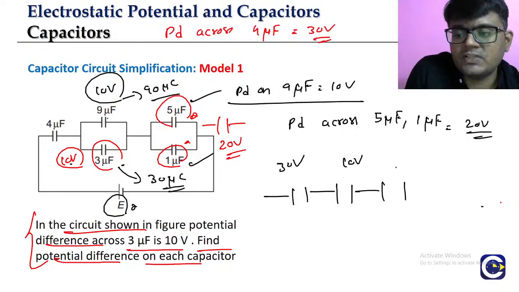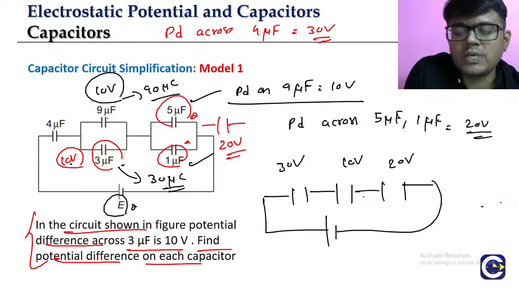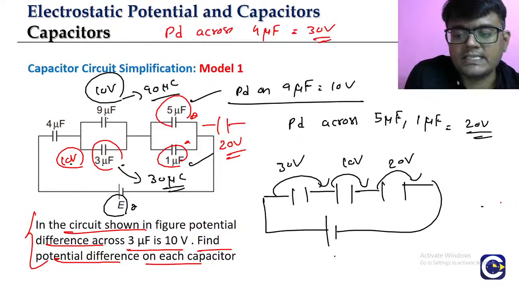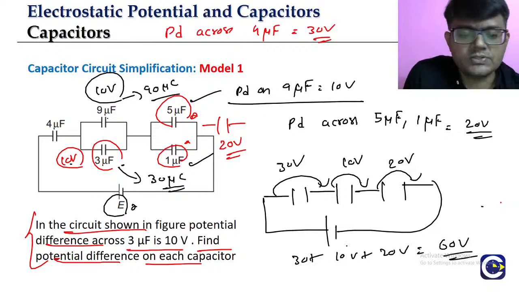What is the potential difference on that branch? 20 volts. What is the overall source voltage? We have 30, then 10, then 20. 10 plus 30 plus 20 is how much? 60 volts. So the source voltage is 60 volts.